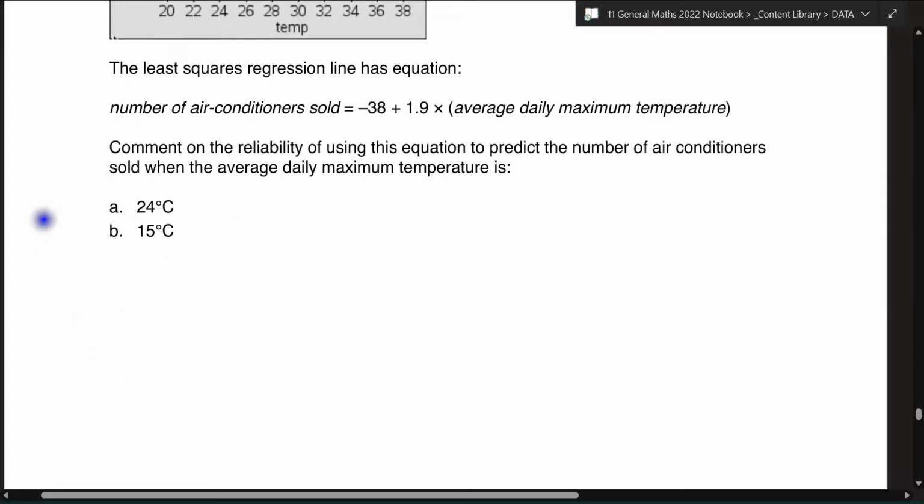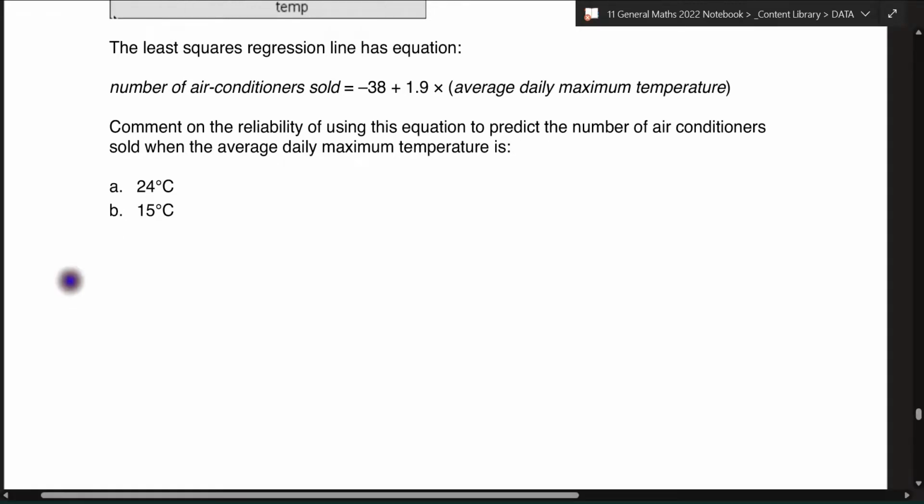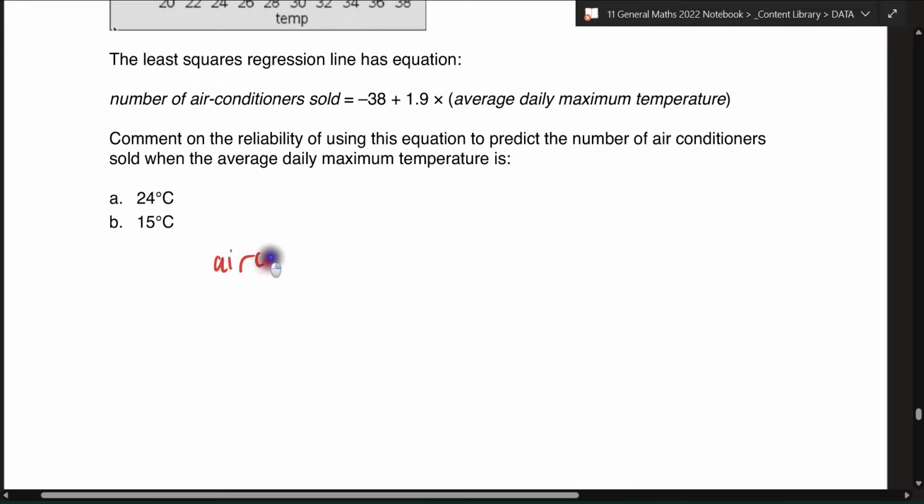Okay. So first things first, always rewrite the formula so you know what you're going to be doing. I could make it shorthand. So I'll just go aircon is equal to negative 38 plus 1.9 times temp.